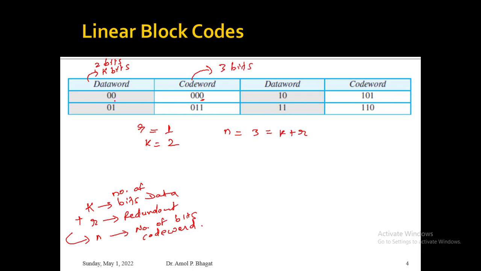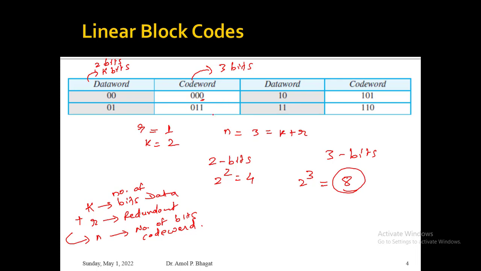So here you can observe that if you are using a 3-bit code word, it will form a total of 2 raised to power 3, that is 8 different combinations. As the message is of 2 bits, 2 raised to power 2 will be 4, so 4 different combinations are there in the data word, right?